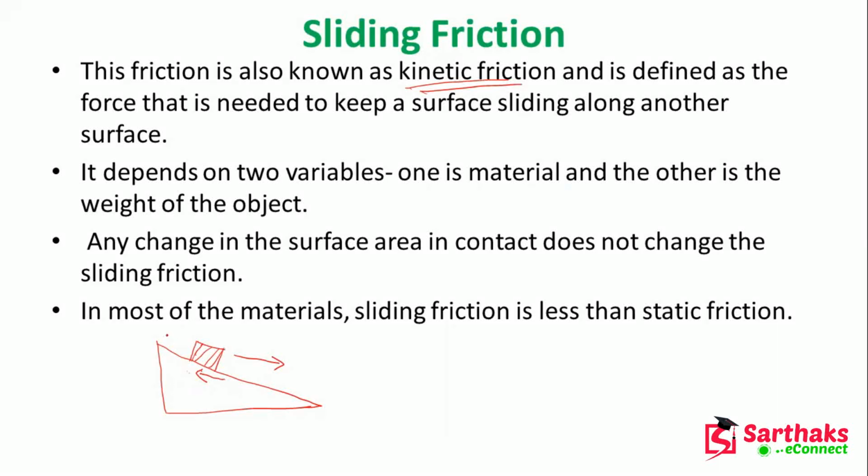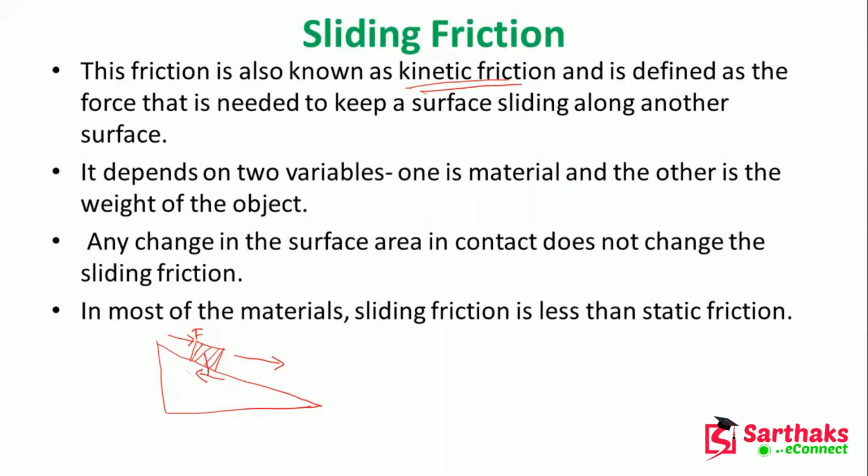If you are applying a force to slide this down, your applied force should be greater than the sliding frictional force. And it depends on two variables: one is the material and the other is the weight of the object.